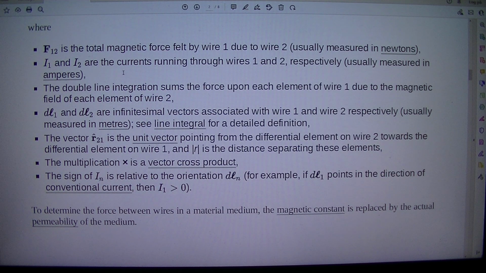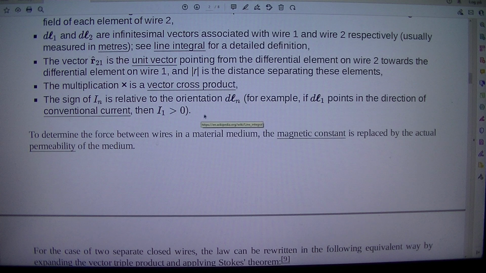I1 and I2 are the currents running through wires 1 and 2, respectively, usually measured in amperes. The double-line integration sums the force upon each element of wire 1 due to the magnetic field of each element of wire 2. dl1 and dl2 are infinitesimal vectors associated with wire 1 and wire 2 respectively, usually measured in meters. See line integral for a detailed definition.